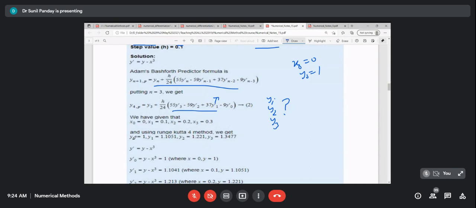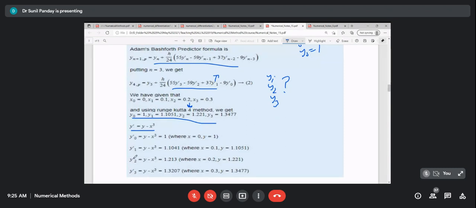So here they have used the Runge-Kutta fourth order method, and they applied it to get the values of y0, y1, y2, y3, and you know how to apply this one. So if in the exam someone tells you to use the Runge-Kutta method to get these values of y1, y2, y3, then you have to apply this one.